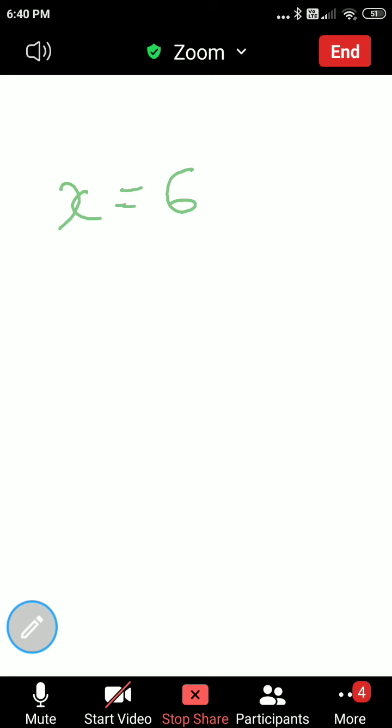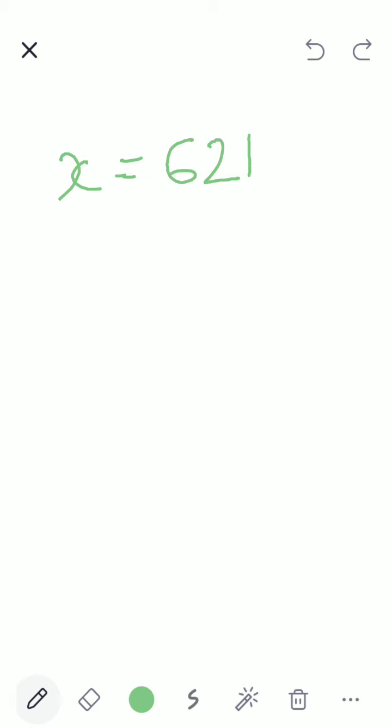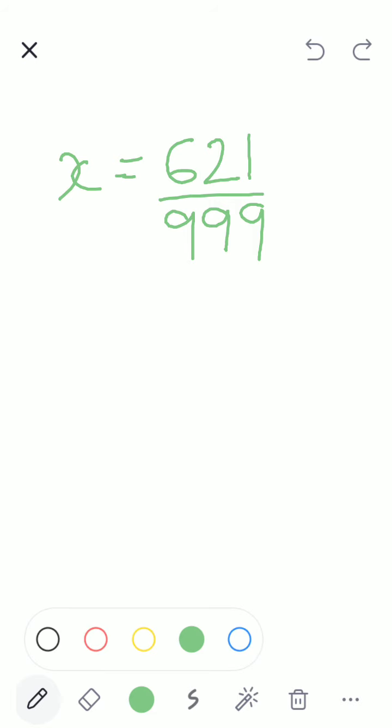Okay. So we have x equal to 621 by 999, since we are in fraction form now. Now I can simplify this fraction. What is the method for simplification, children?